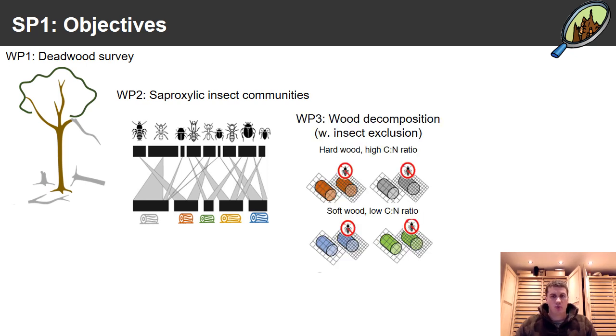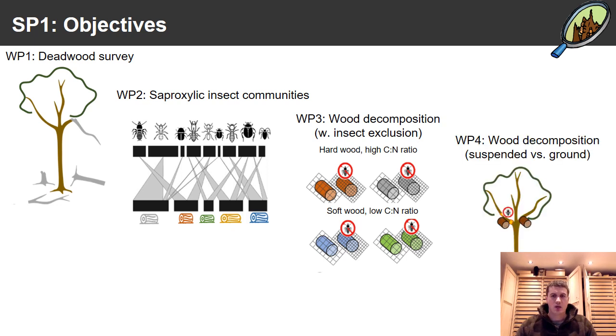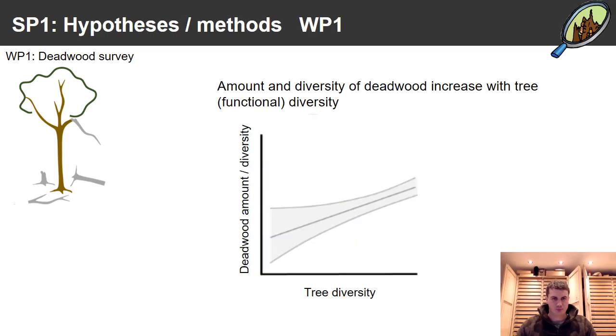In work package number 3, we will then move on to more experimental approaches, where we will expose artificial deadwood with and without the exclusion of insects. A similar approach will be conducted in work package number 4, where we will also expose artificial deadwood with and without the exclusion of ants at different height levels in trees.